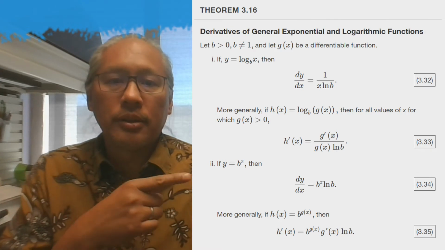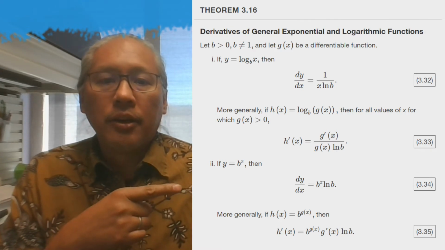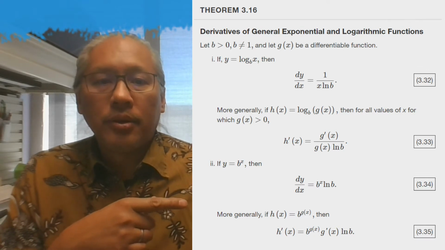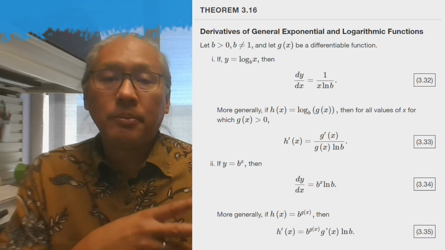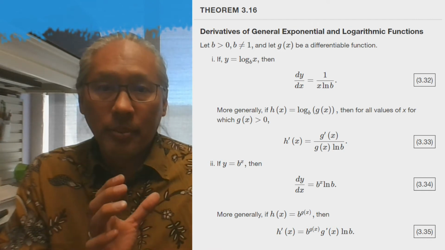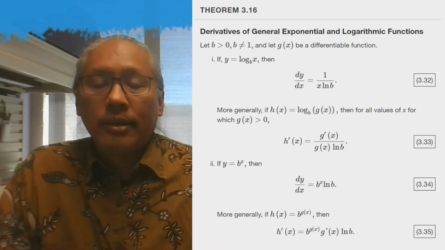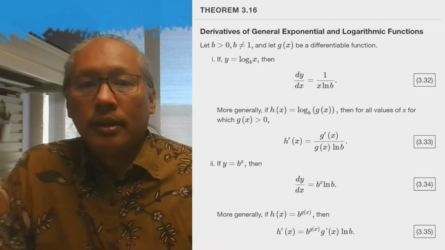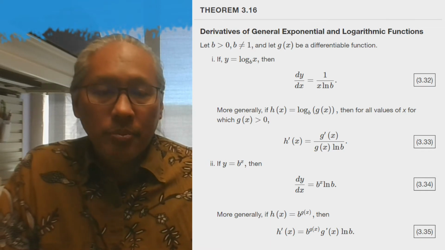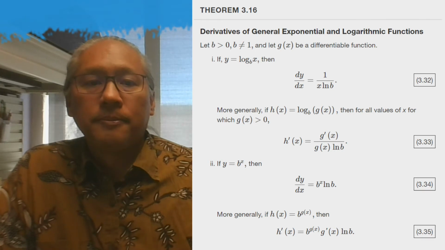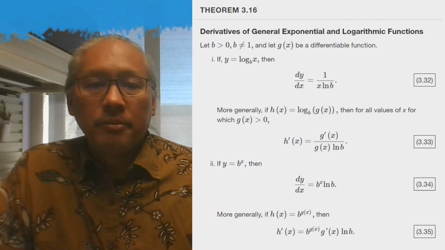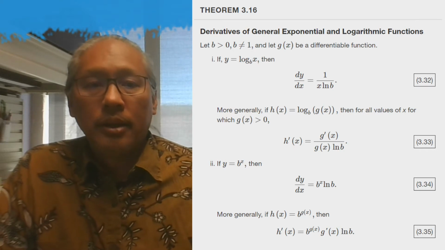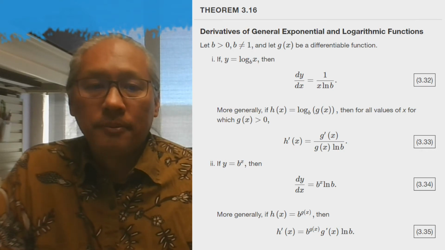Let's start with the second one over here. If y is equal to b to the x power, then the derivative of that is going to be b to the x times, and remember there is that limit thing in there. It turns out that if b was any positive number, then that limit, the b prime of 0 that we saw there, will actually go to ln of b.